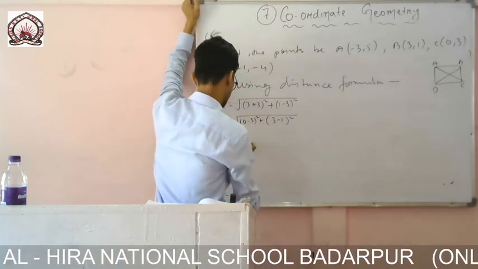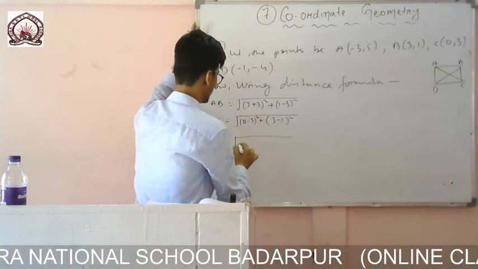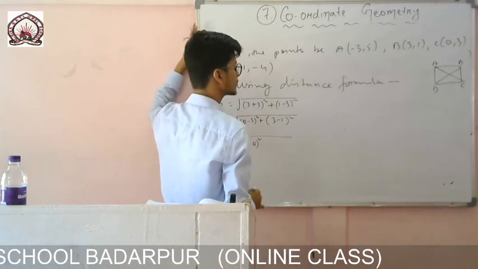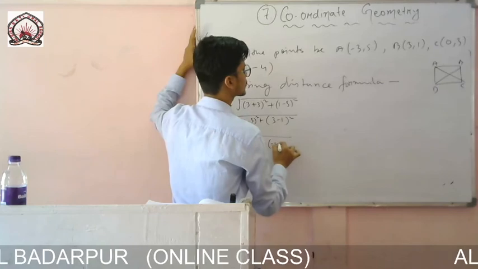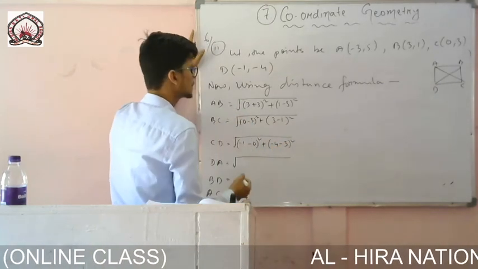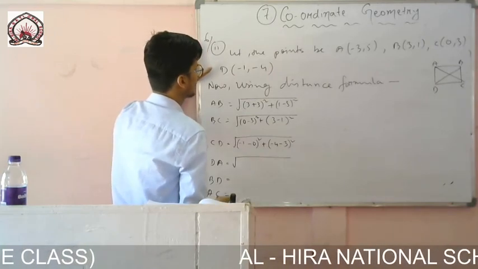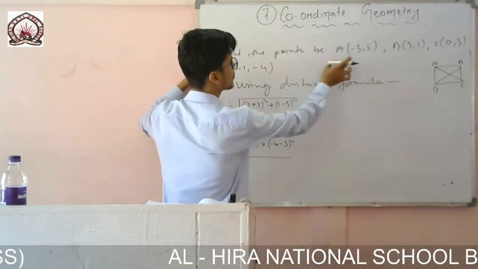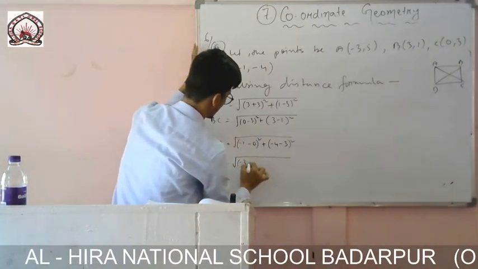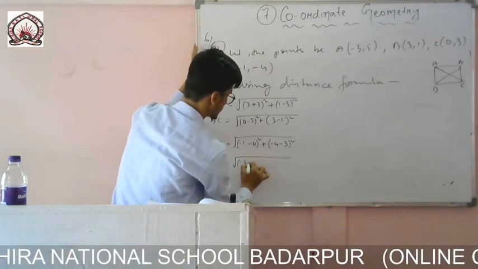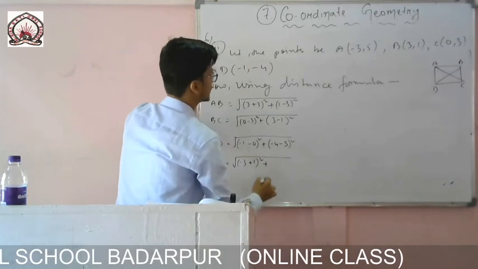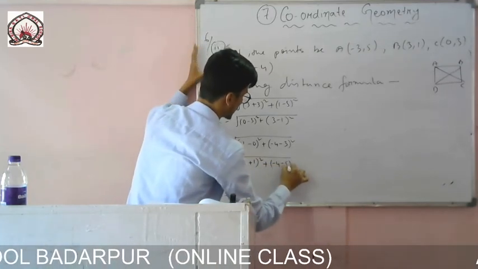Then for CD it will be (minus 1 minus 0) whole square plus (minus 4 minus 3) whole square. Then DA will be (minus 3 minus 1) whole square, again minus minus becomes plus, so (minus 3 plus 1) whole square, plus (minus 4 minus 5) whole square.